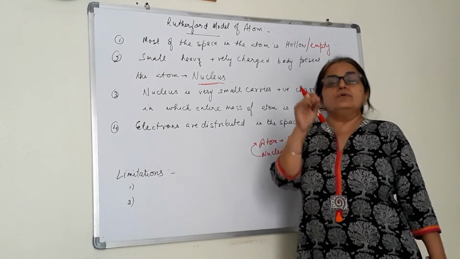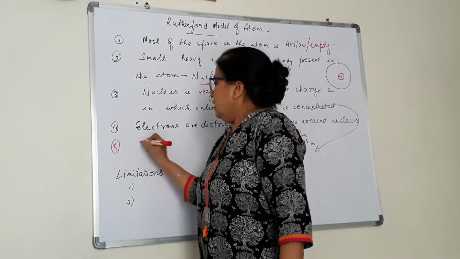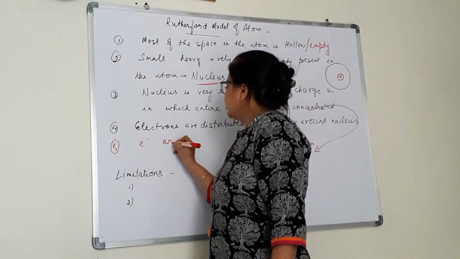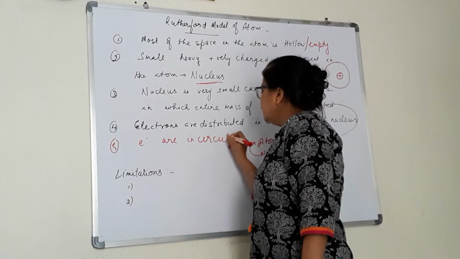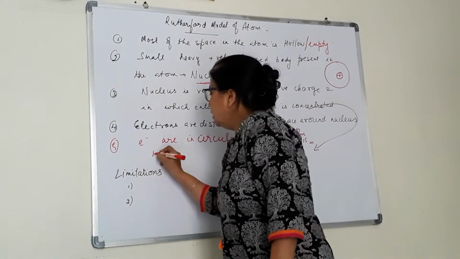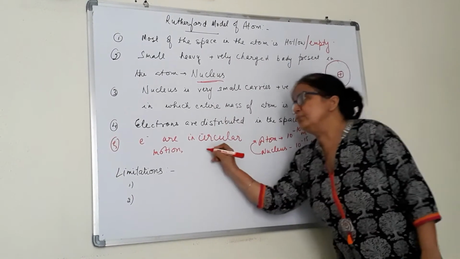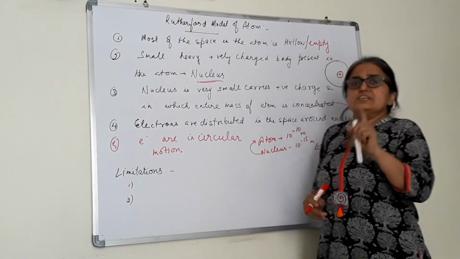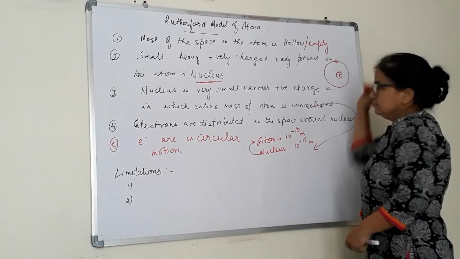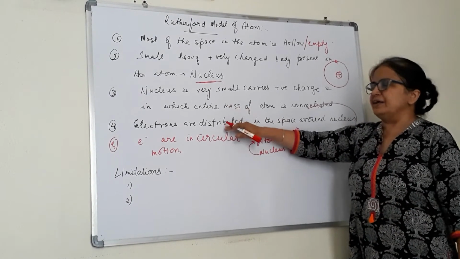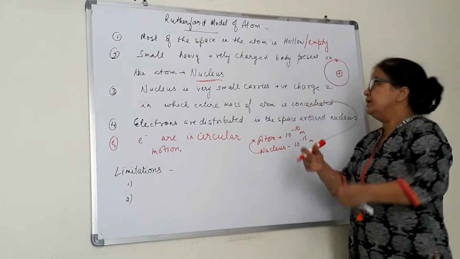But Rutherford also said that these electrons are in circular motion around the nucleus. They are moving. How did we come to this conclusion? If you just apply what you learn in physics, the electron is there around the nucleus.